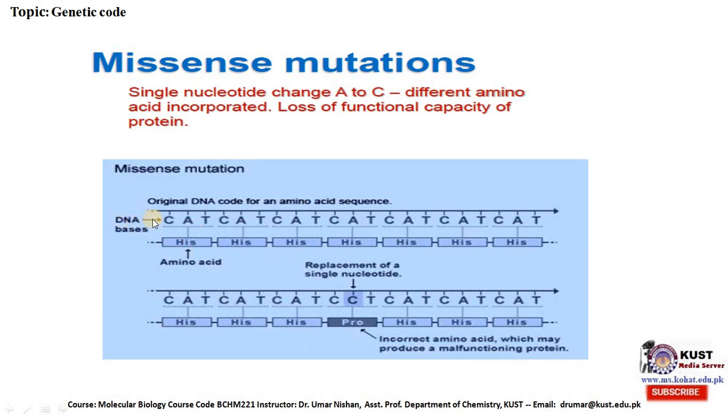So these are the DNA bases. These are the different codons for different amino acids. You see a single nucleotide change here results in histidine to proline. So this is an incorrect amino acid, which can possibly result in malfunctioning of the protein.